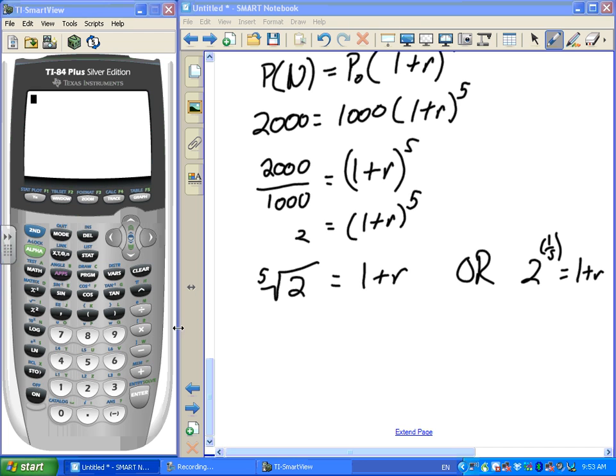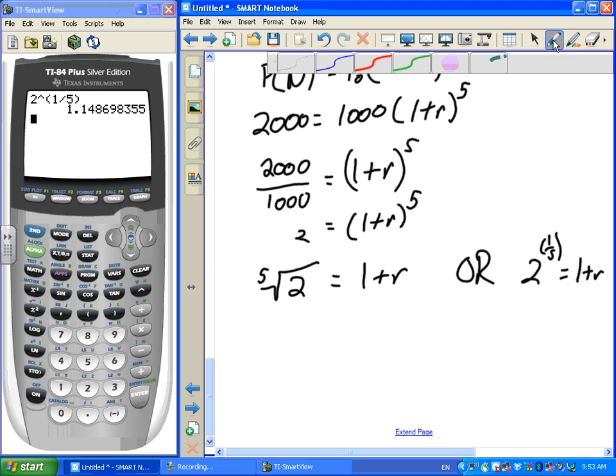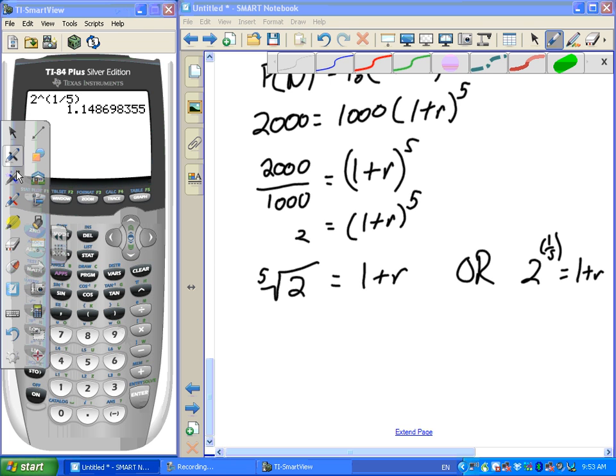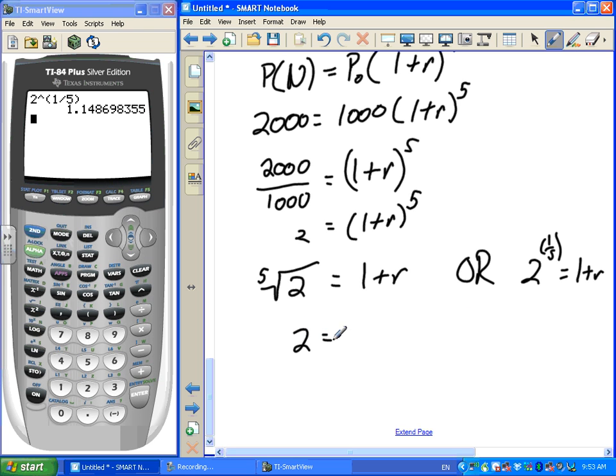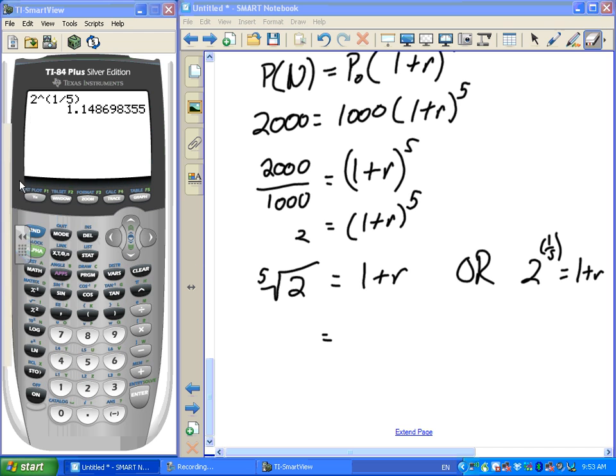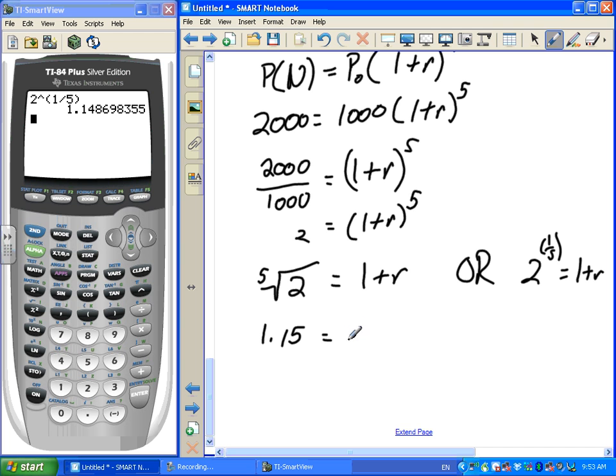I'm going to put 2 to the power of 1 divided by 5, which is a 5th, equals, just solve that. 2 to the 1/5 is 1.15, we're going to round, is equal to 1 plus R.